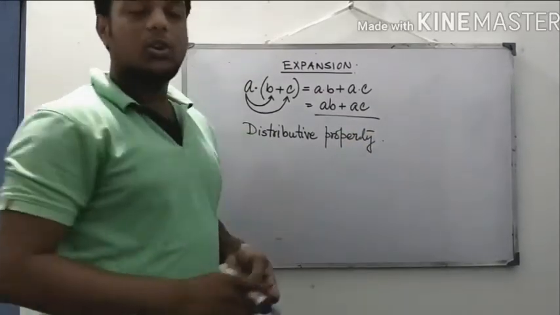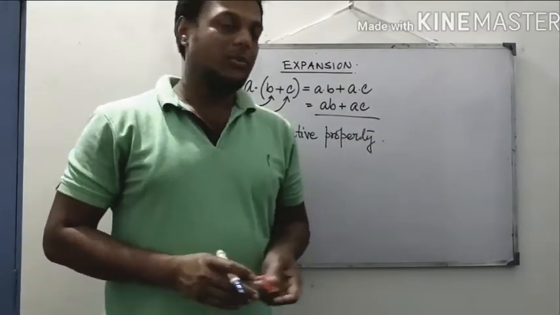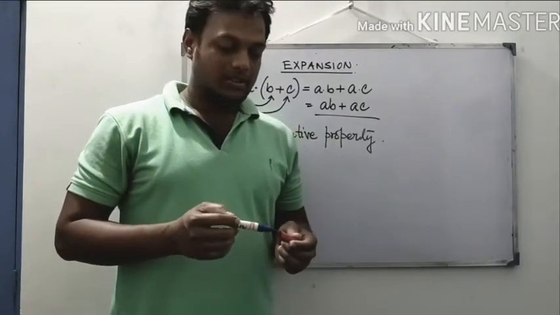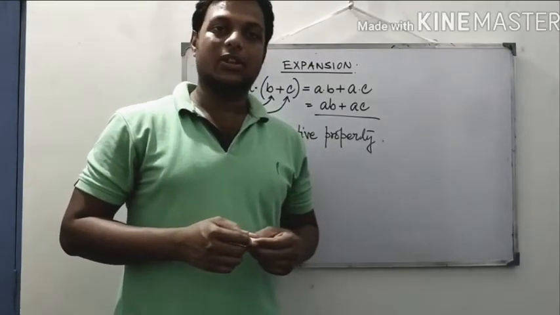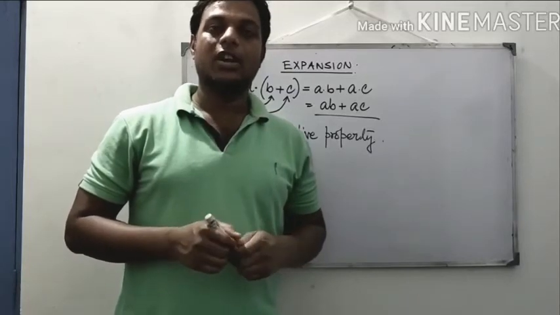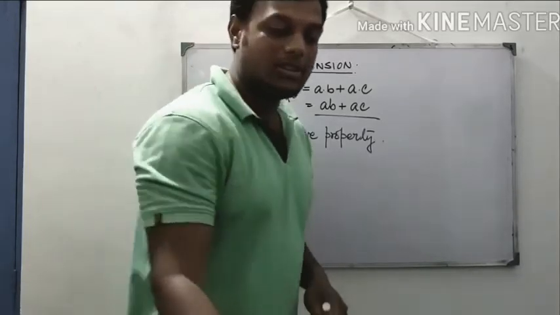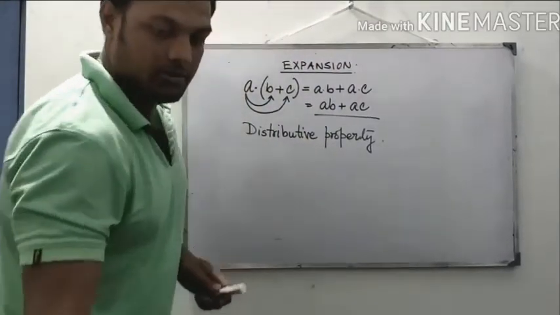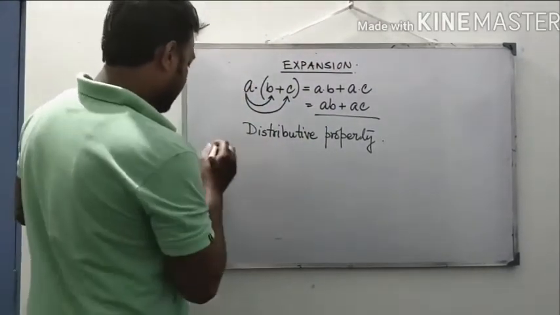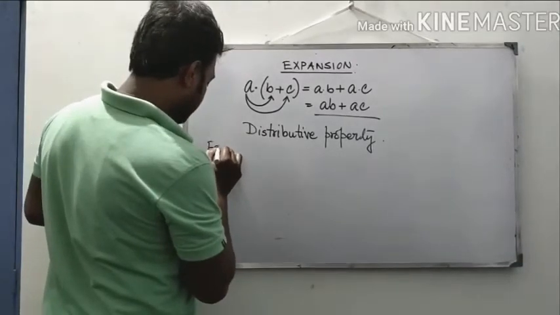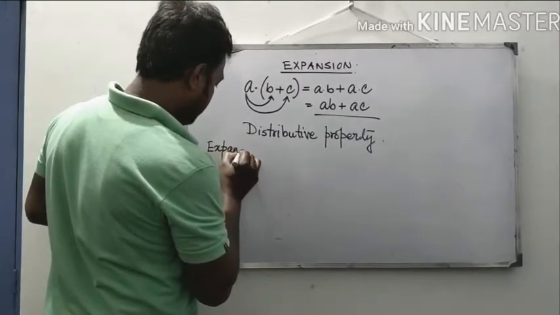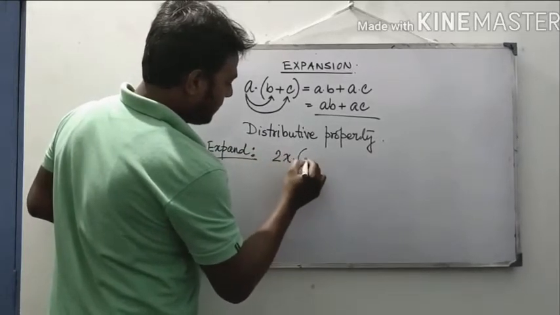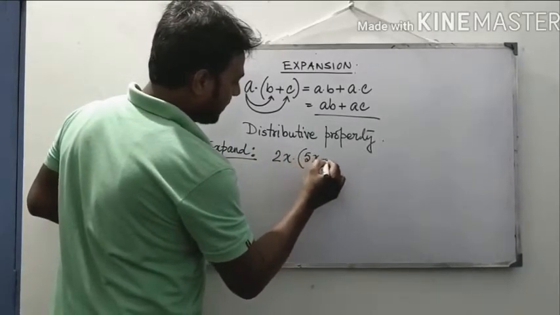Based on this property, we will expand the multiplication form of algebraic expressions. Suppose I am considering an example: expand 2x into (5x minus 3).